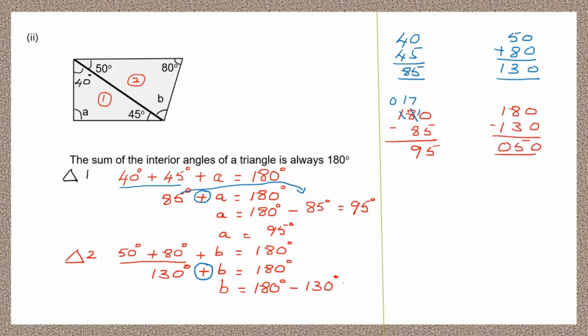So I get 50 degrees. So I found the value of the unknown angle B to be 50 degrees. So I have found the unknown angles A is equal to 95 and B is equal to 50.